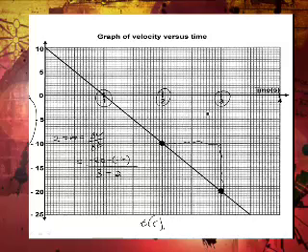So you have minus 20 plus 10, which is minus 10, divided by 3 minus 2, which is 1. So you've got minus 10. This is meters per square second, because you are dividing meters per second by seconds. So you get the acceleration. That means a gradient from a velocity-time graph gives you the acceleration.